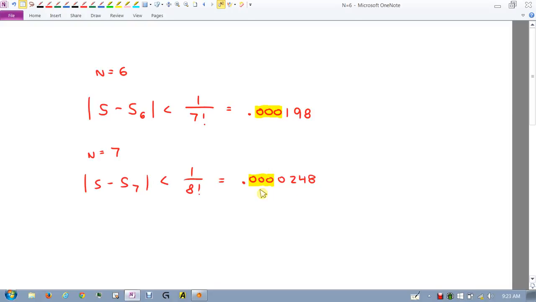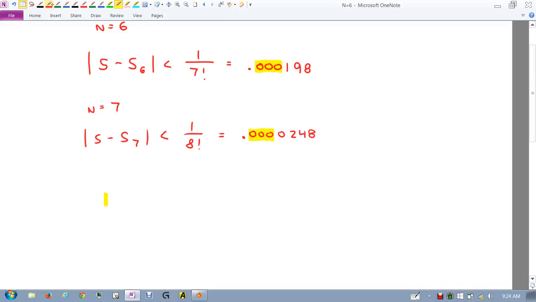So how can I approximate the sum then? If I'm telling you n is 7 is good enough, can I just find the 7th partial sum? Just take the sum of -1 to the n over n factorial, and stop at 7. Let's write out the terms.